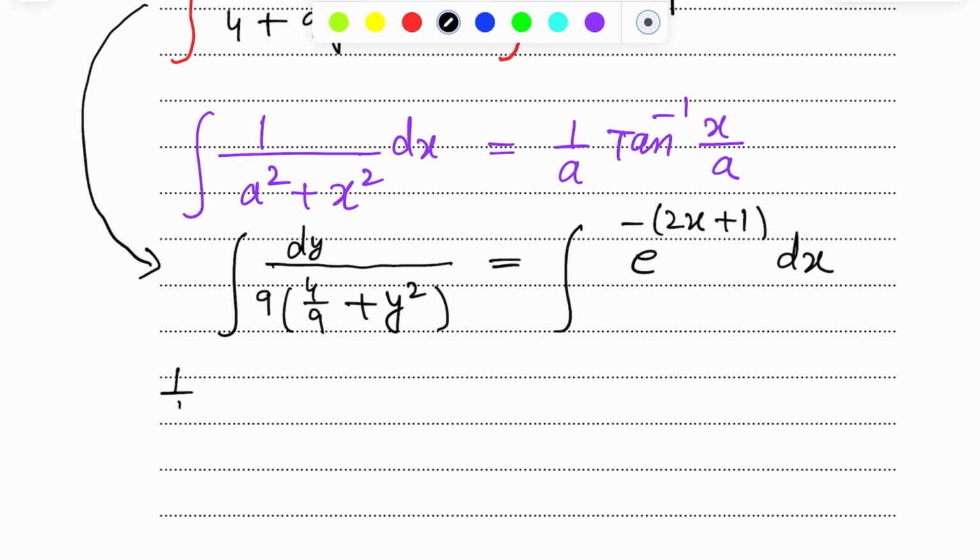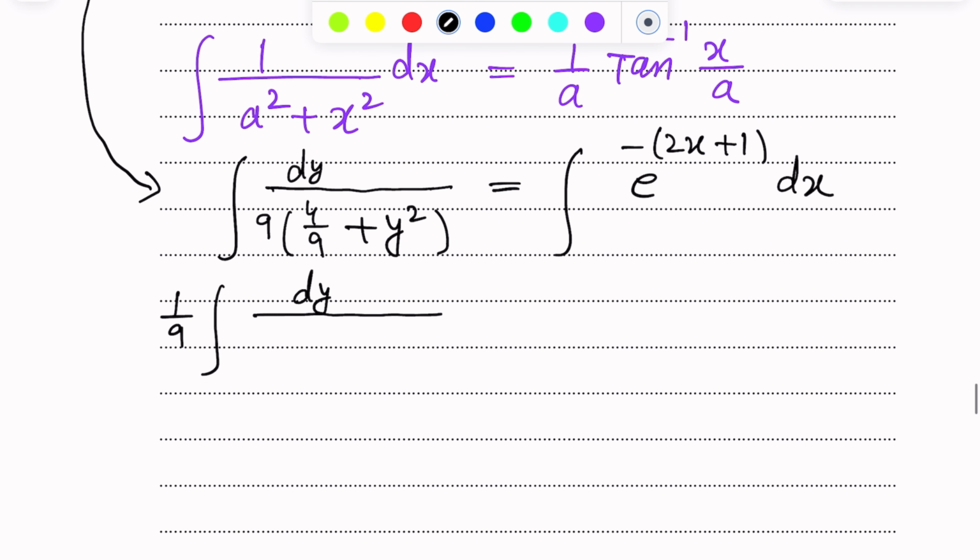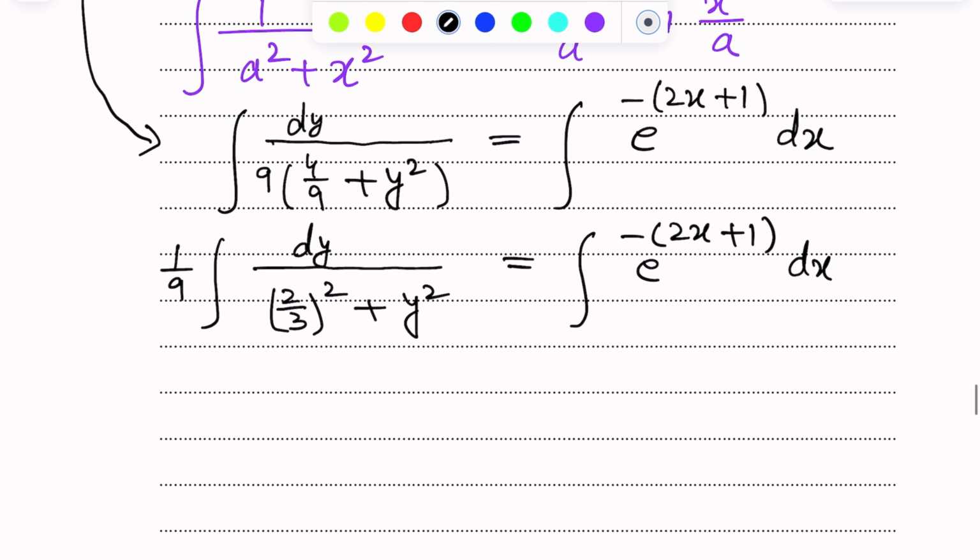We can write it as 1 over 9 integration of, we will write 4 over 9. This is in square form, like this. This is a square of 2 over 3, whole square plus y square, and on the right side e power negative 2x plus 1 with respect to x.